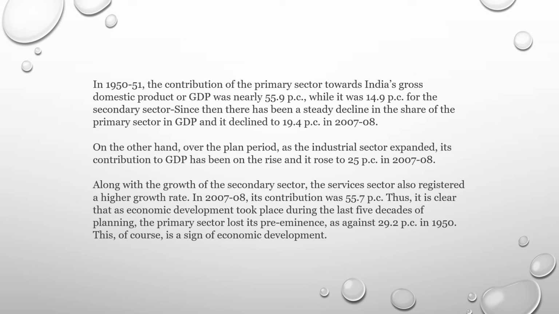Okay, and we have seen a little bit of improvement in secondary sector, that means industrial sector or manufacturing sector also. Over the planned period, as the industrial sector expanded, its contribution to GDP has been on the rise and it rose to 25% in 2007-8.